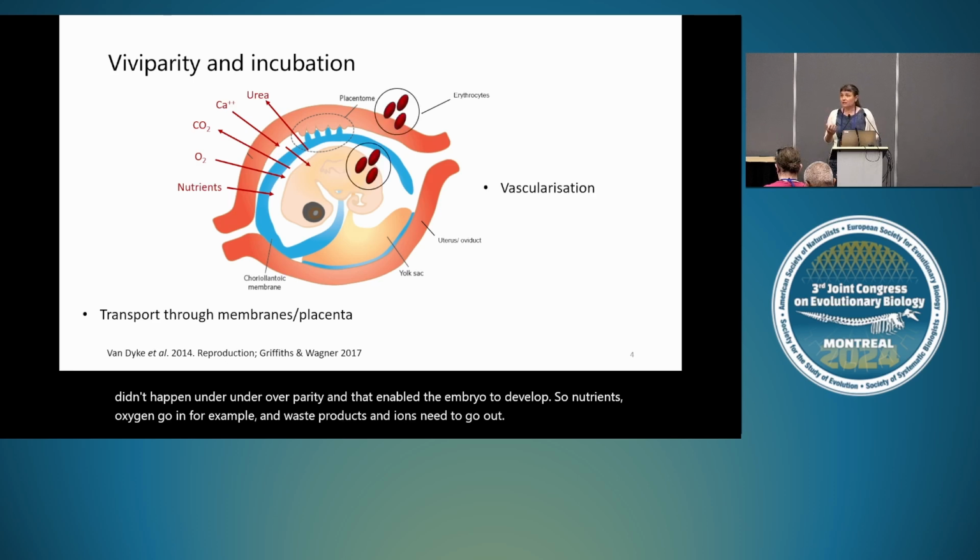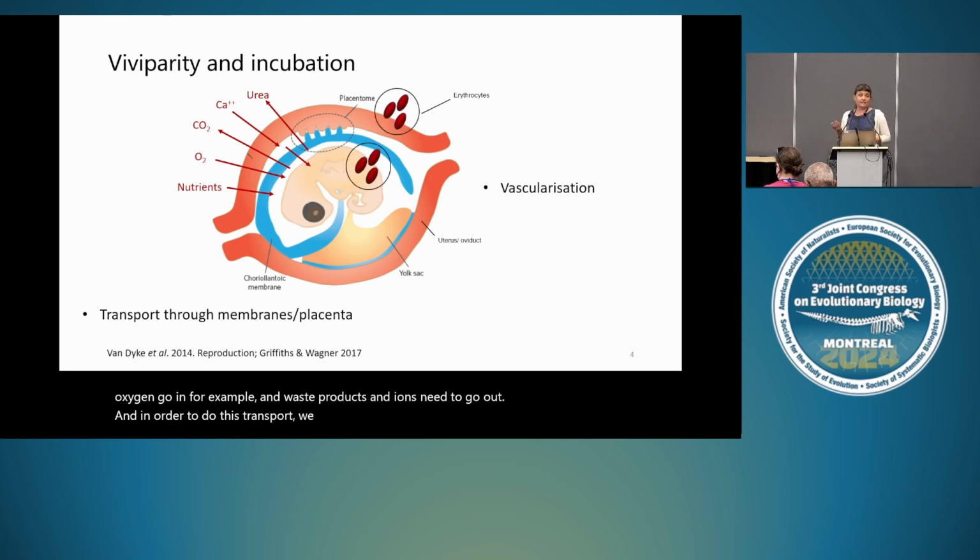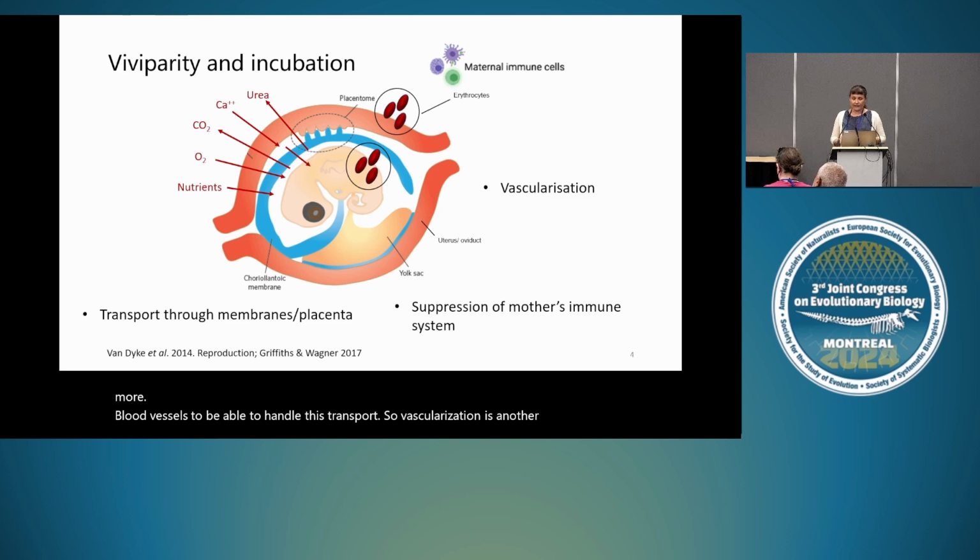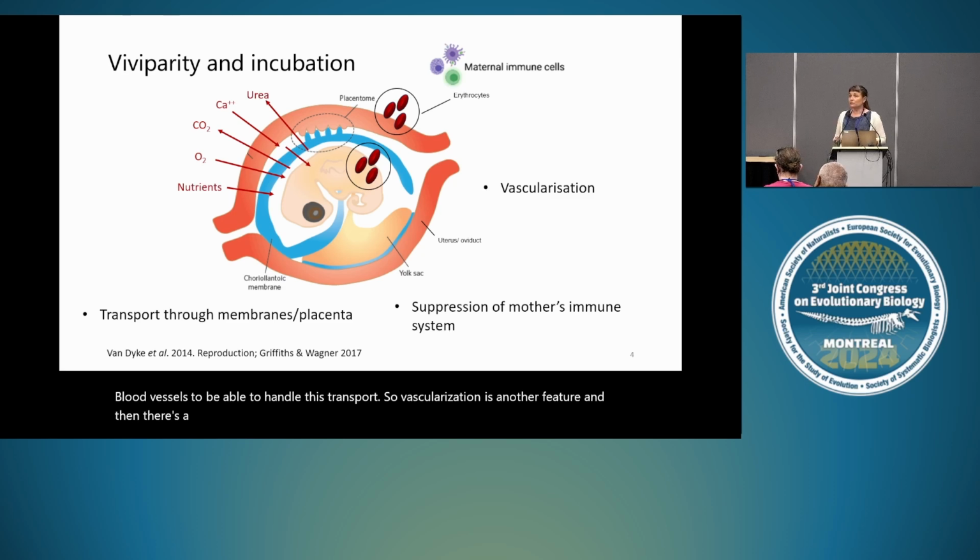To do this transport, we need the development of vascularization, so more blood vessels to handle it. And then there's a suppression of the maternal immune system to retain the embryo within the body.